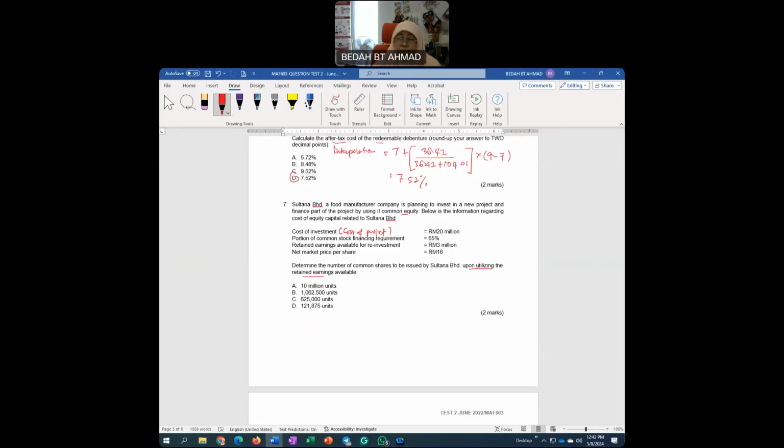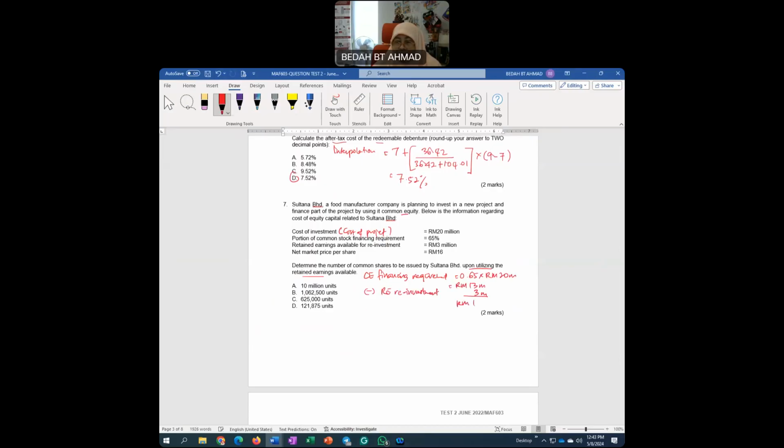So first thing first, as usual, you need to find the common equity financing requirement. This is 65% multiplied by the cost of project RM 20 million, that will give you RM 13 million. Out of this 13 million, minus the retained earnings available for reinvestment, then the balance will be financed from the issue of new shares. Retained earnings available is 3 million.